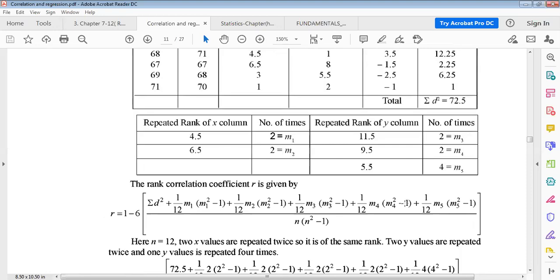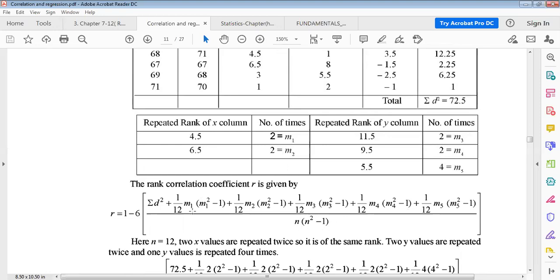Actually, this big equation is the rank correlation coefficient R. R equals 1 minus 6 times summation d square, and this term for M1, the same term for M2, this for M3, this for M4, and this for M5, divided by the same number.